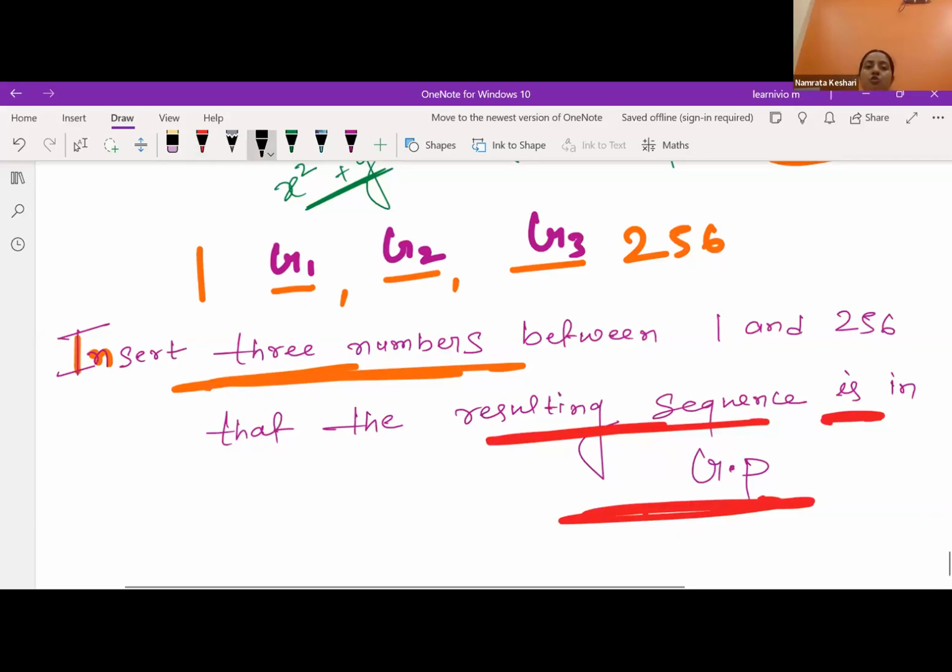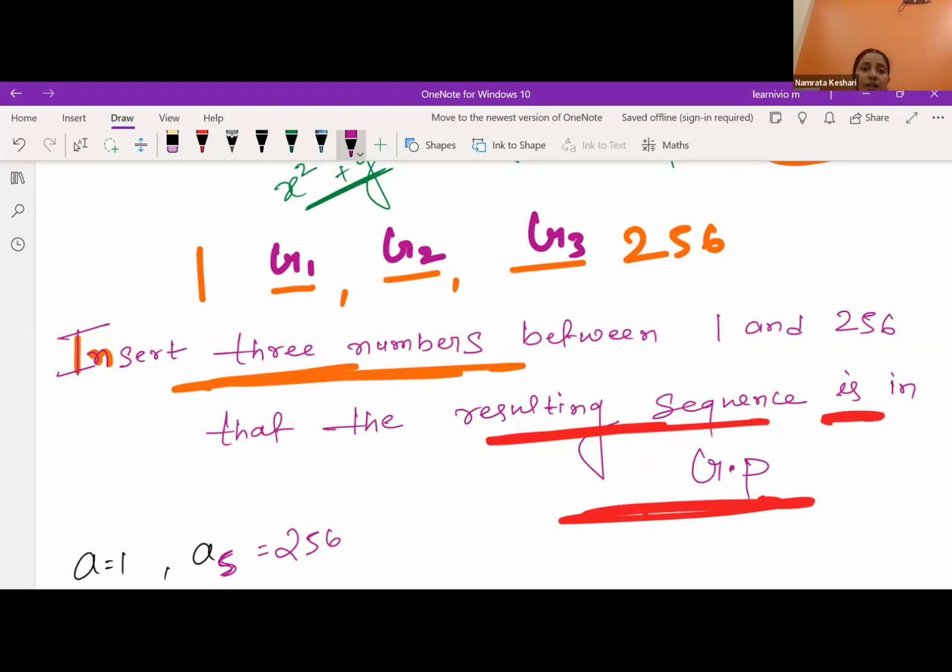Here can you see in this geometric progression, we know the first term a is 1. And we know the fifth term, one, two, three, four, five, not fourth, fifth term. We know the fifth term over here is 256. Yes or no?